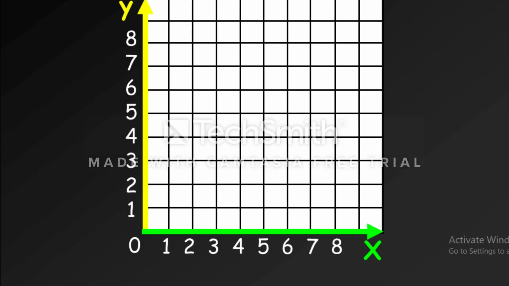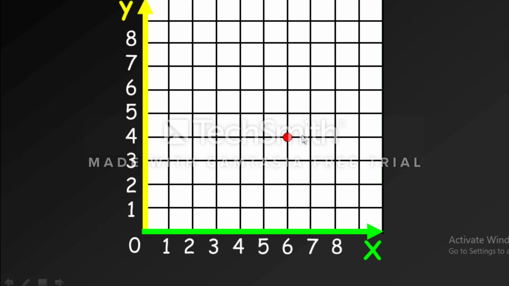Finally, here we have the opposite. We have the point of the ordered pair, and we need to identify it. So we will do the opposite, of course. I will move from my point up till I reach here, number 4, to the left.